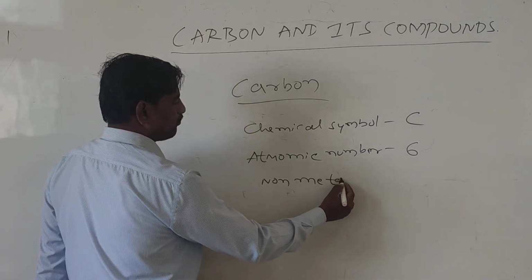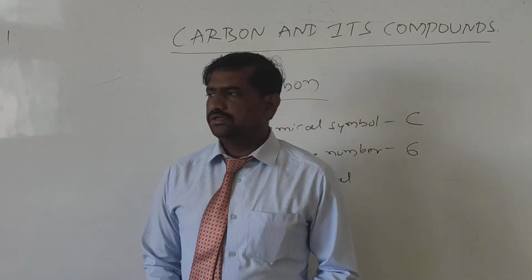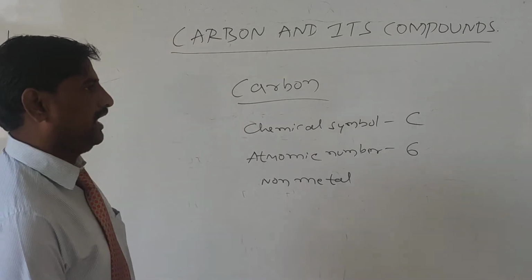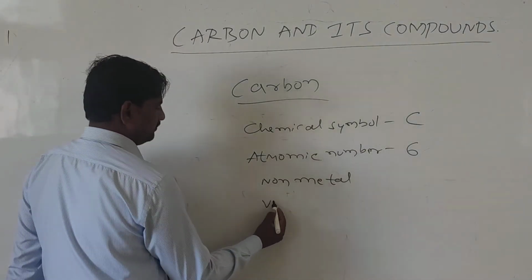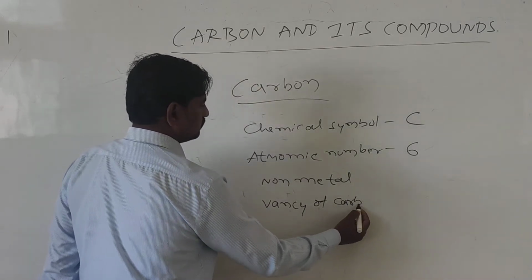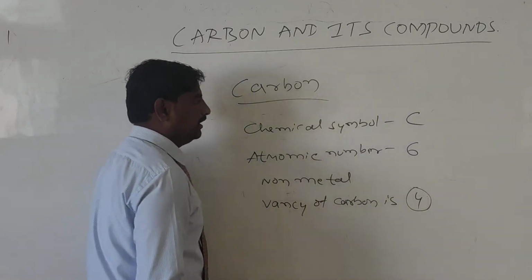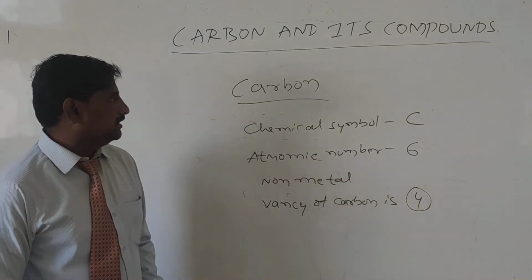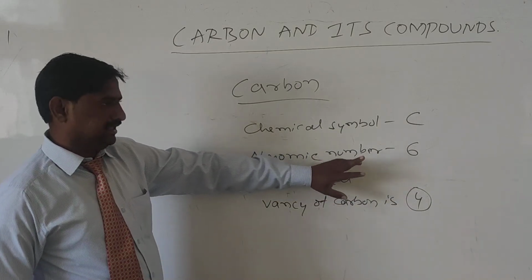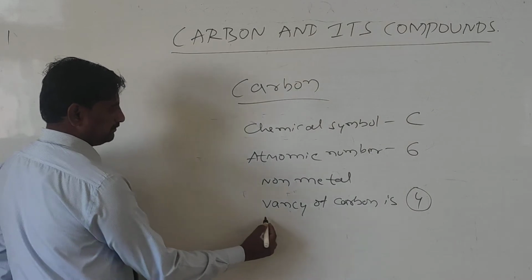Carbon has a valence of 4. That's the valence number of carbon, 4. Okay. So here carbon: chemical symbol C, atomic number 6, non-metal.